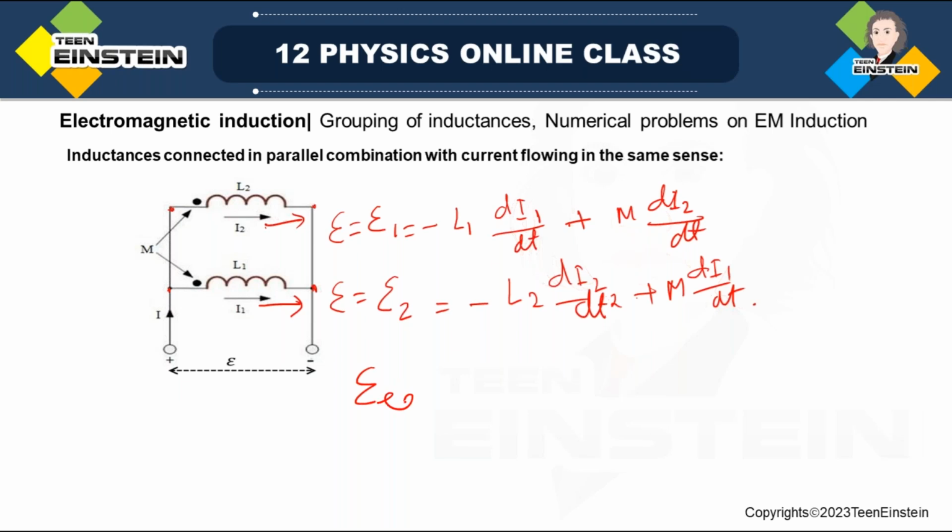So in this case L equivalent will be L1 L2 minus M square over L1 plus L2 minus 2M.